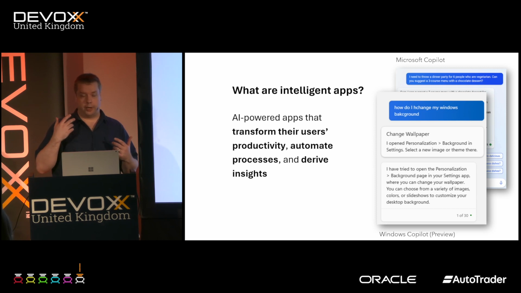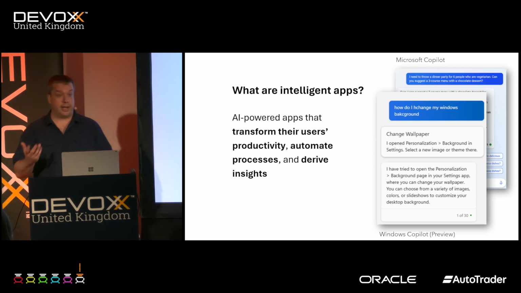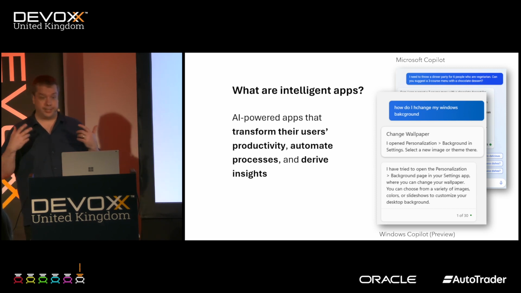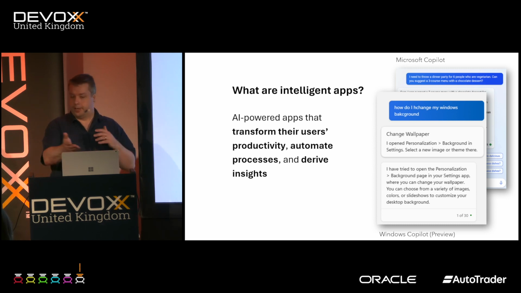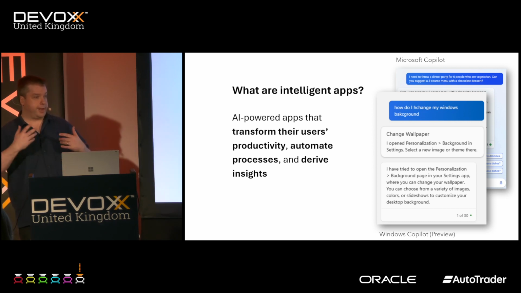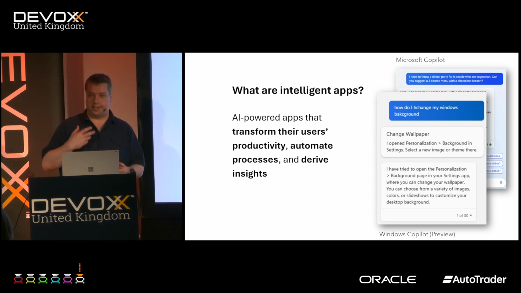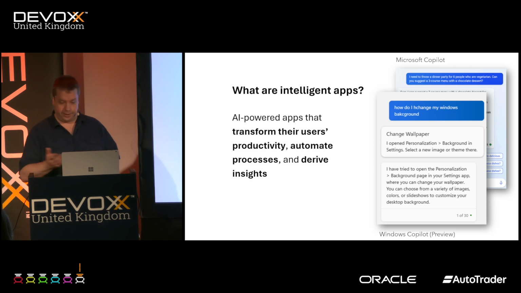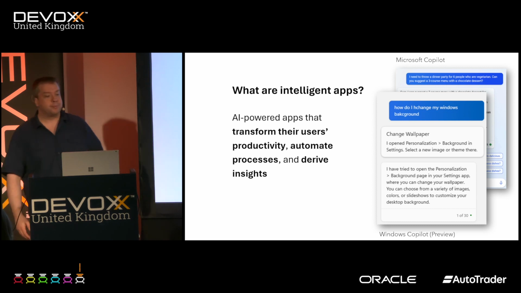These are applications that are much more able to interpret your intention from natural language. Here, for instance, we've got a typo in the question that a user asked, but the AI still understood the intent of what the user wants, interpreted it, and gave them a correct answer either way.